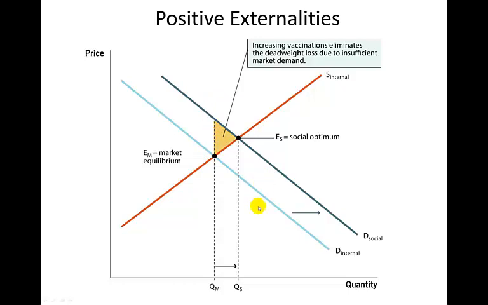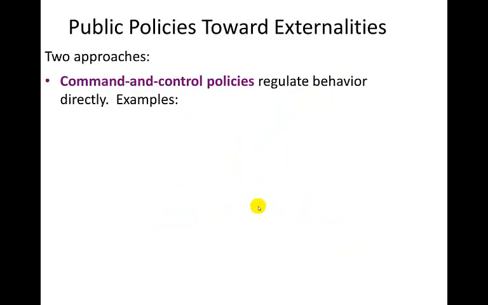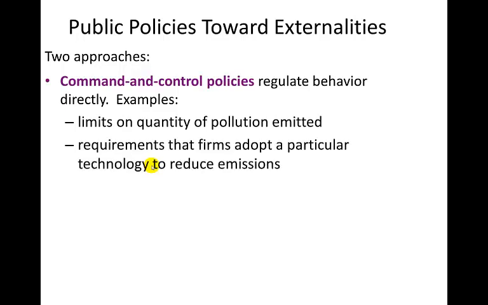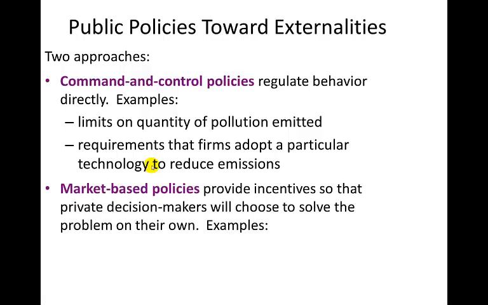If you're going to try and correct positive or negative externalities, there are two general forms that policies could take. There are policies that are basically not based on prices, and these are called command and control policies. These are regulations, limits, requirements, etc. And there are market-based policies.